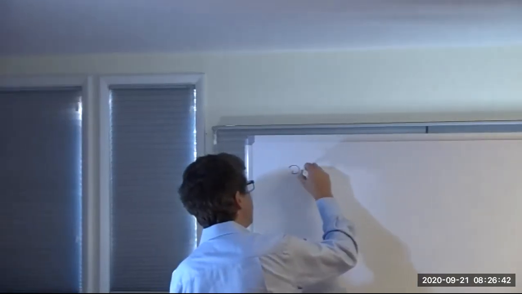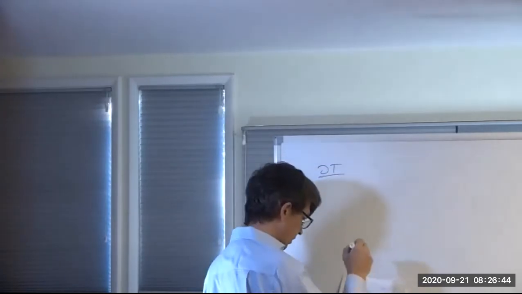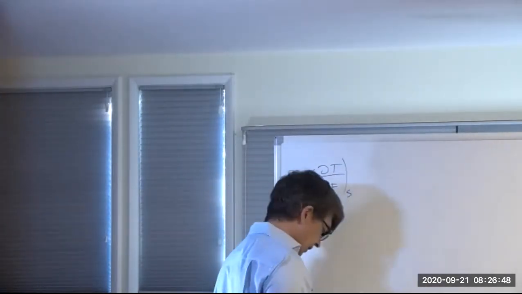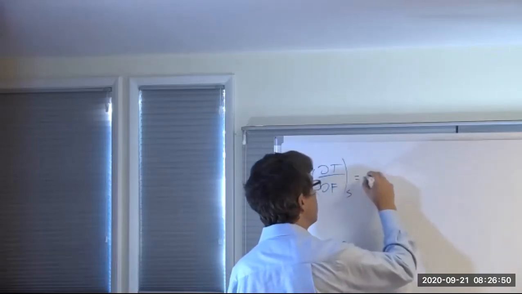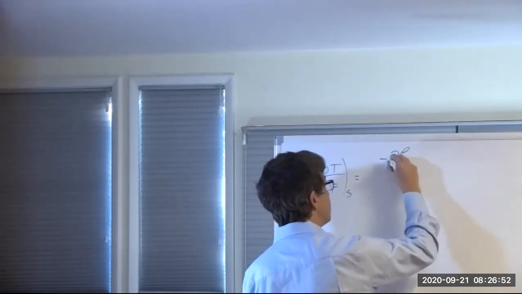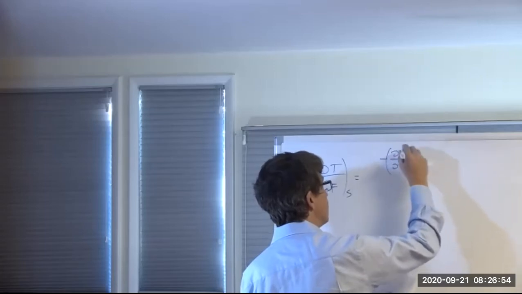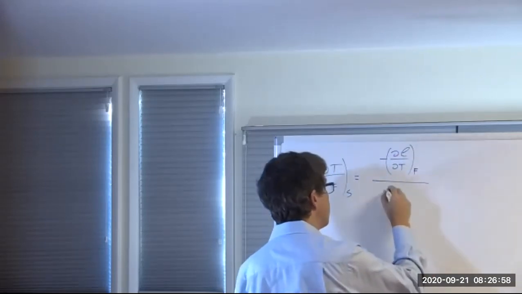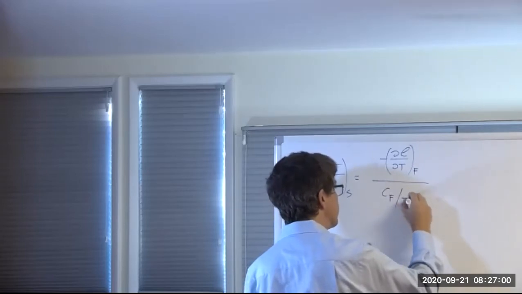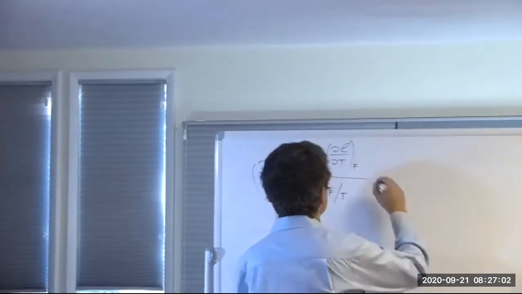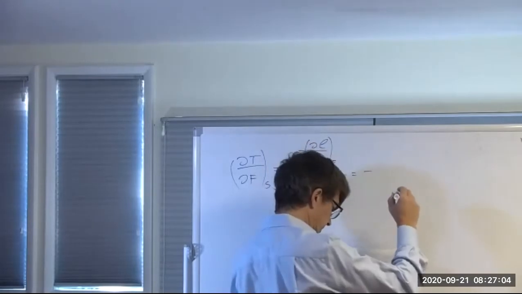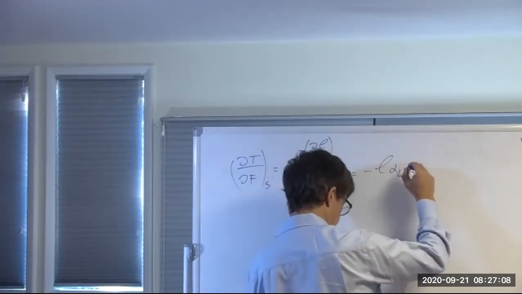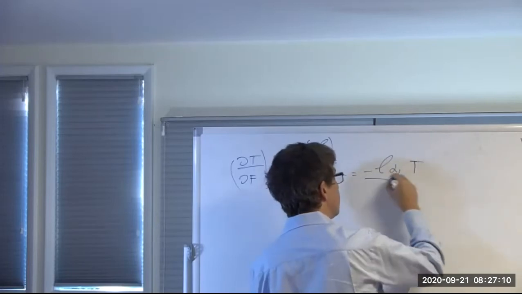Okay, so if we retake everything, we now get what our differential is. dT/dF at constant S is minus dL/dT at constant F divided by Cf over T. So this is minus L times the linear thermal expansion times T divided by Cf.